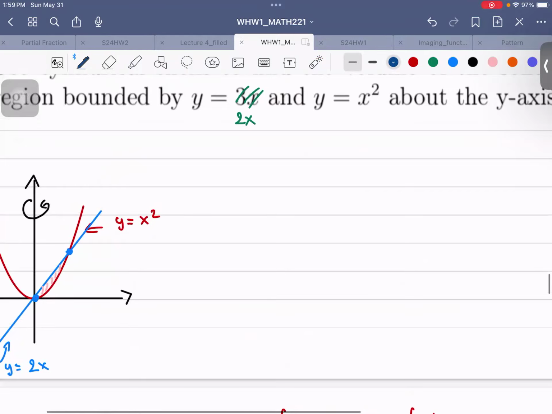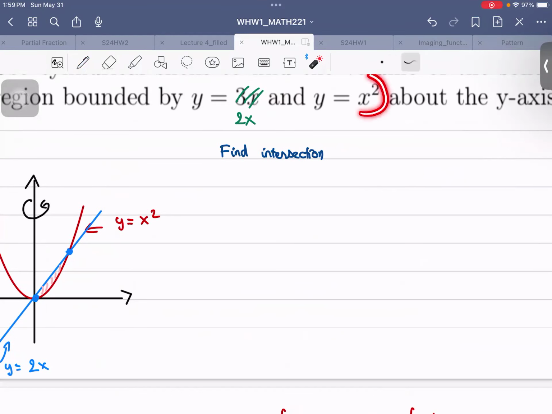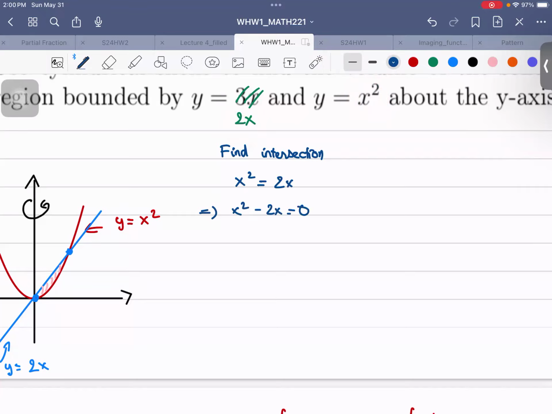Okay, so the first step, we find the intersections by simply letting x squared equal to 2x. Okay, therefore we have x squared minus 2x equal to 0. I just move 2x to the left side. Therefore I have x times x minus 2 equal to 0. Therefore I have x equal to 0 or x equal to 2.